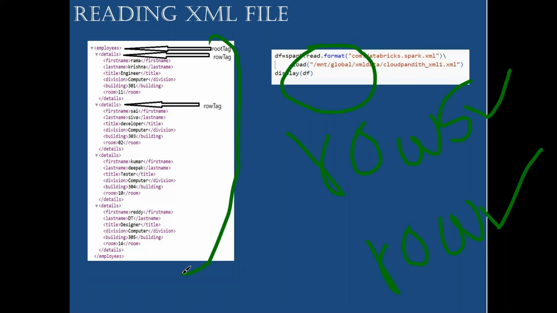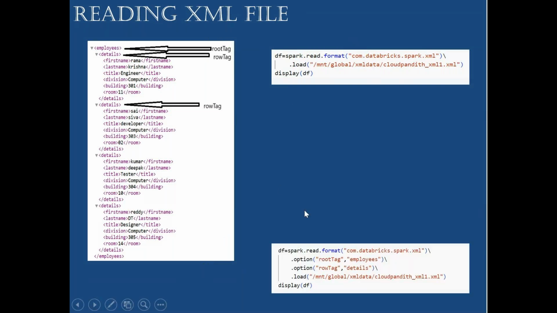Now my question to all of you is, do you think this data frame will read data from this file or not? Yes, it's good. It will not read any data because the root tag and row tag are not matching.